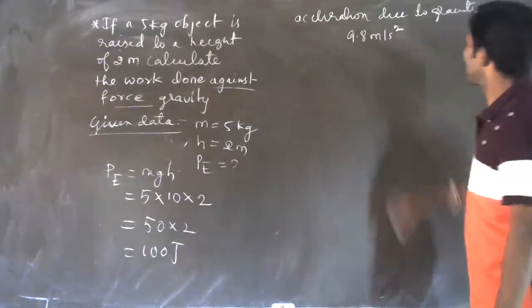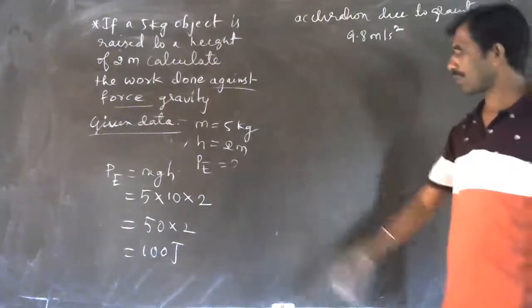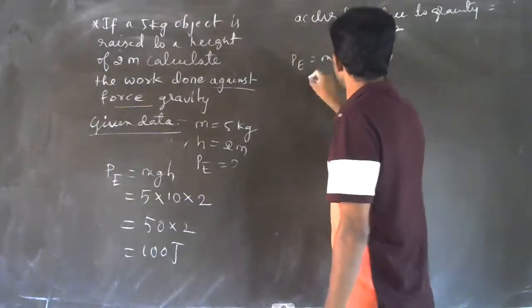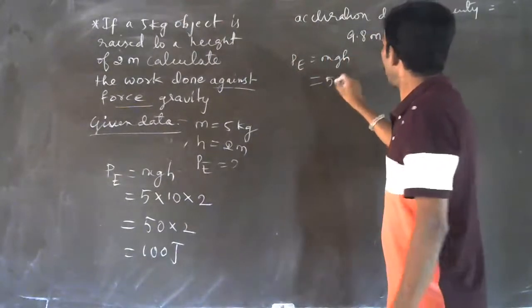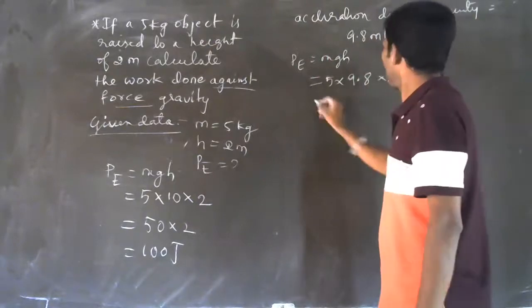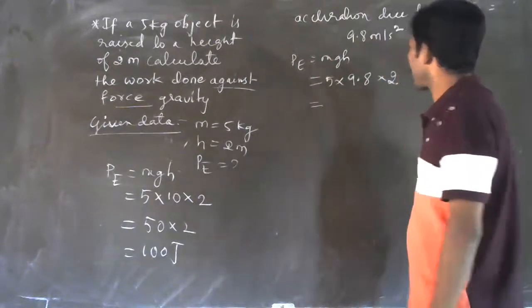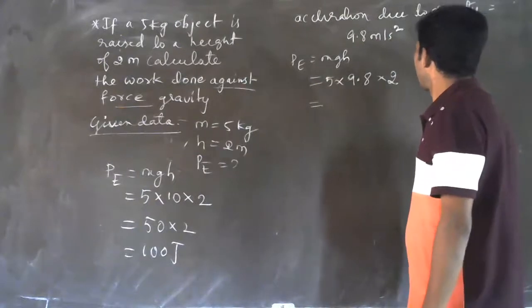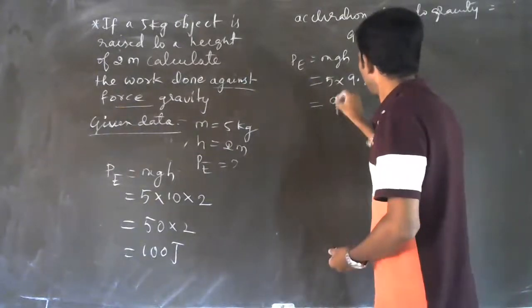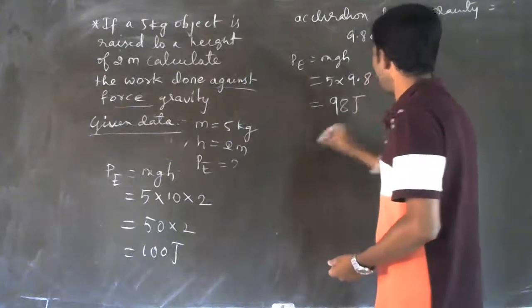If you take that value, how much does it become? E is equal to mgh, so 5 into 9.8 into 2. Let's calculate. It comes around 98 joules. PE is equal to 98 joules.